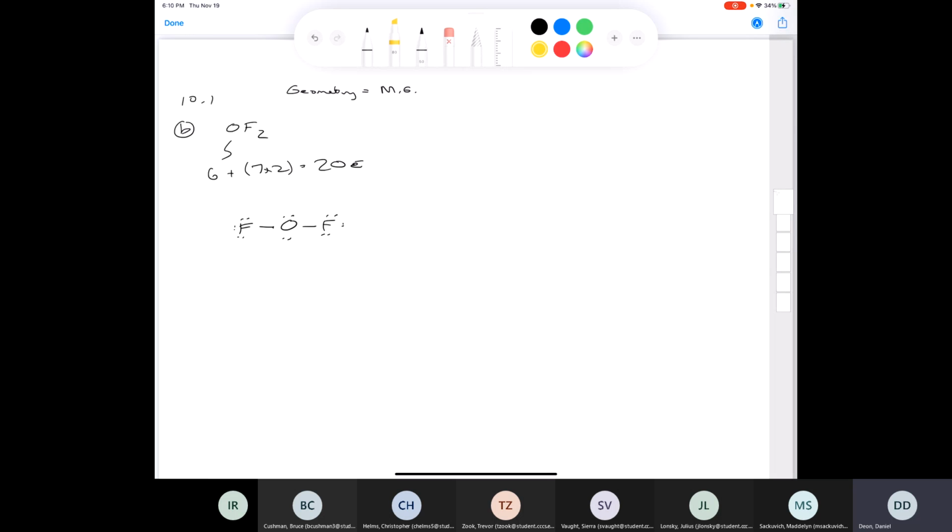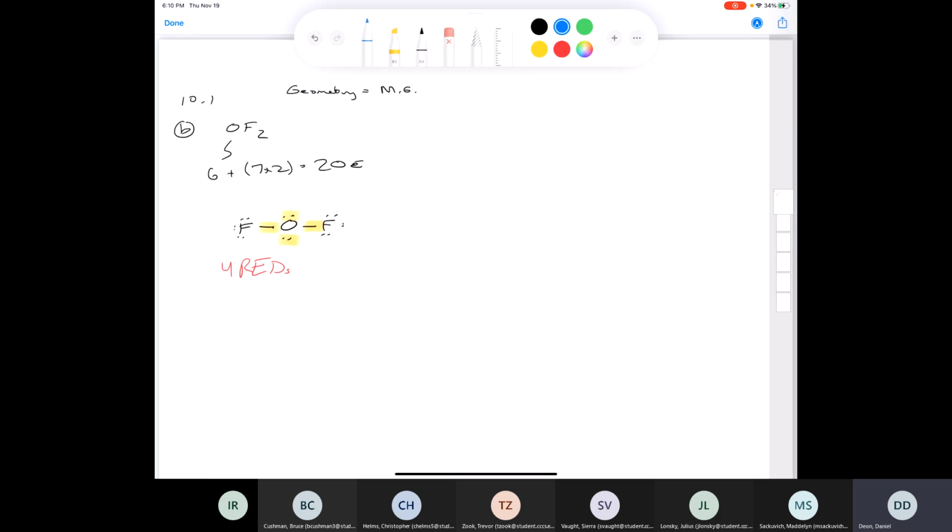So our central atom, oxygen, has 1 region of electron density, 2, 3, and 4. So it has a total of 4 regions of electron density. That means that the 2 bonds and the 2 lone pairs are going to occupy the corners of a tetrahedron.